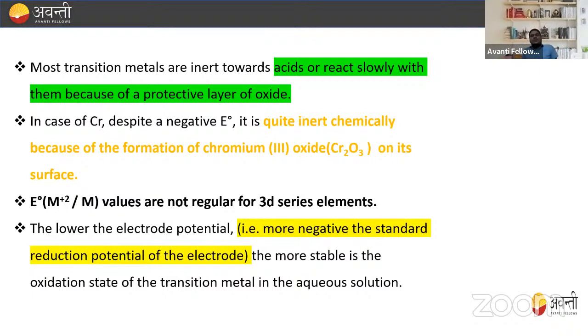In the case of chromium, despite a negative electrode potential, it is quite inert chemically because of the formation of chromium oxide, Cr2O3, on its surface. Similarly, E0 M2+/M values are not regular for the 3d series elements. The lower the electrode reduction potential, that is, the more negative the standard electrode potential, the more stable is the oxidation state of the transition metal in aqueous solution.